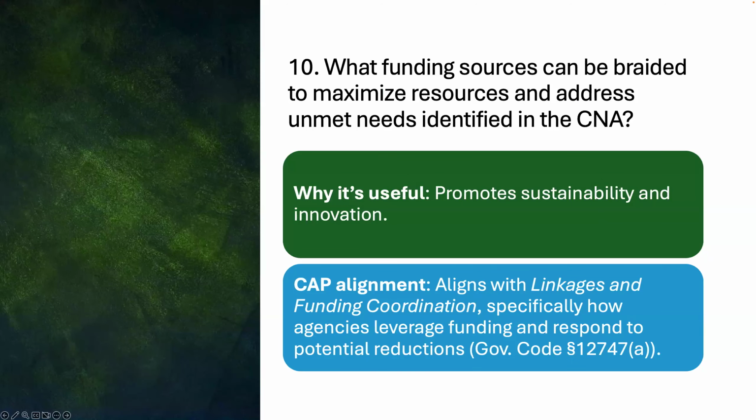And then 10 of 10 is what funding sources can be braided to maximize resources and address unmet identified needs in our community needs assessment. This is a great way to take a look at all funding opportunities that are either federal or state government based, maybe even local, or to look outside of that into other non-governmental funding sources, things like foundations or other private funding, right?